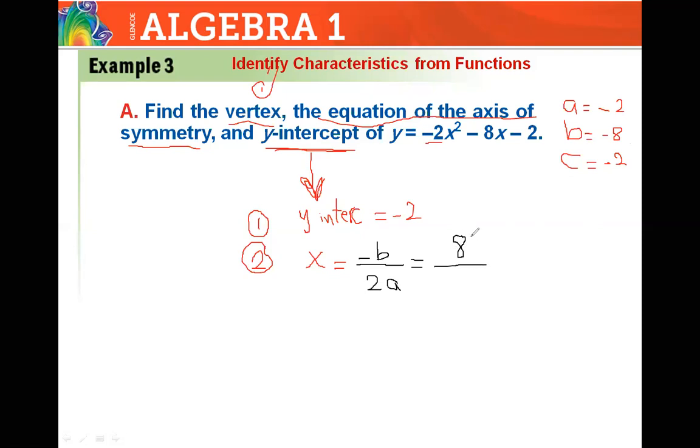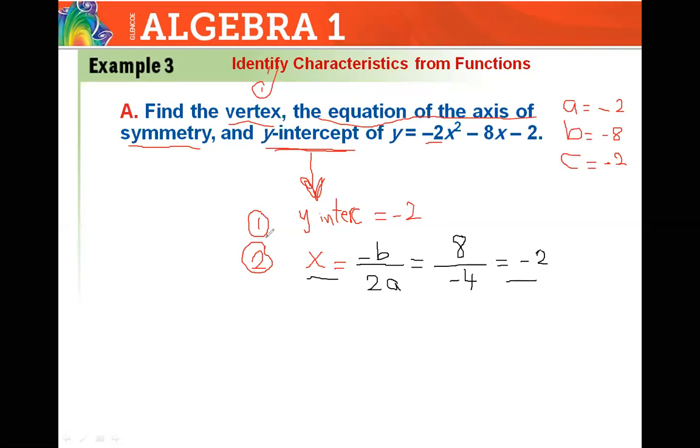So we have 8 over 2a. 2 times negative 2 equals? Negative 4. Yes. Can you deduce the result? Negative 2. So this is the equation of the axis of symmetry: x equals negative 2.